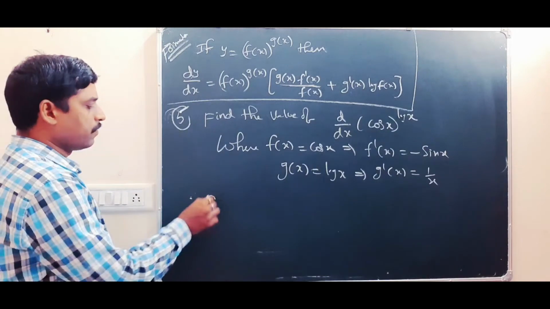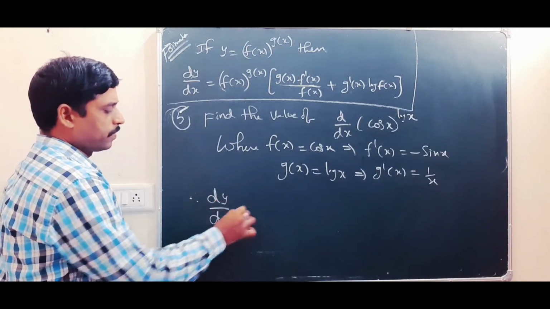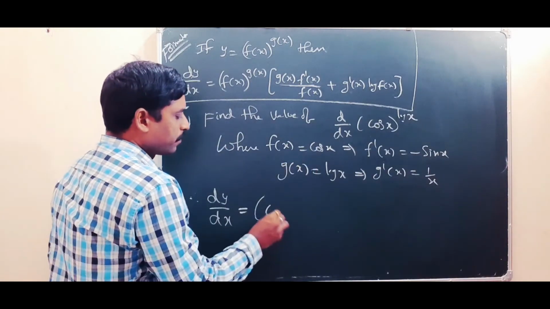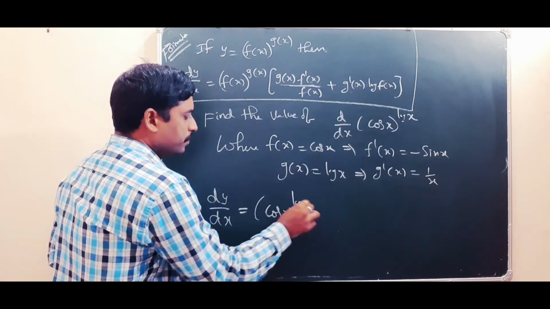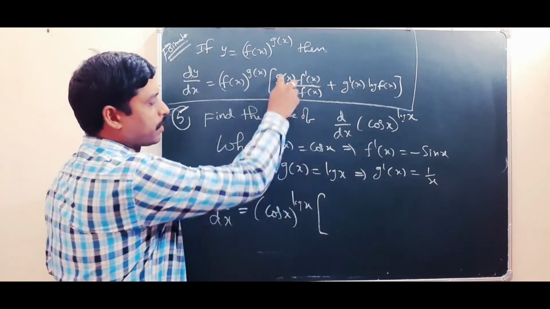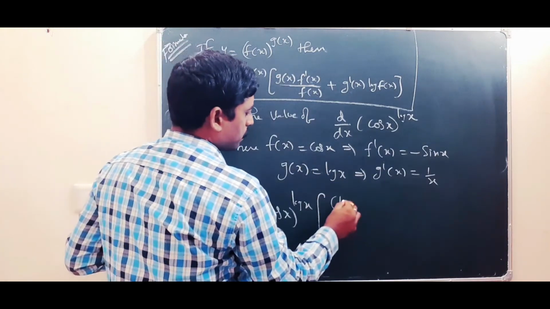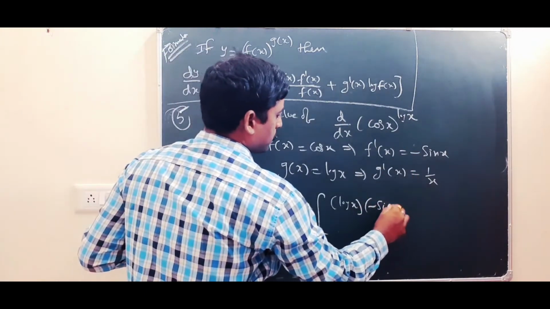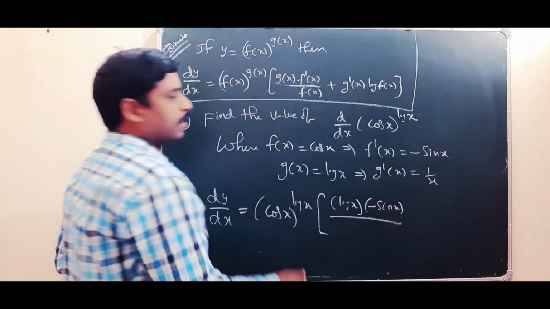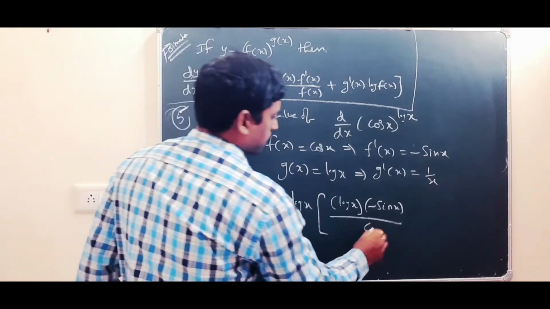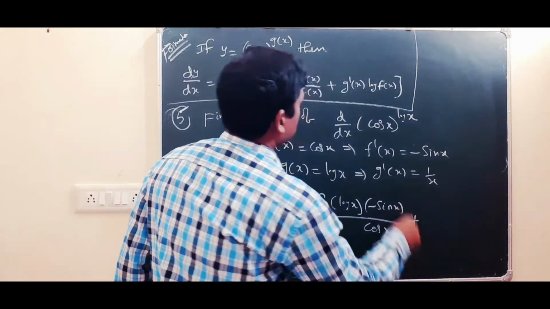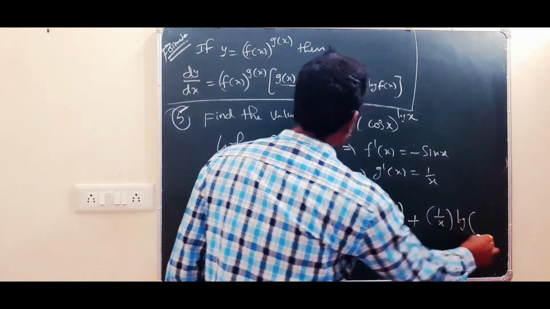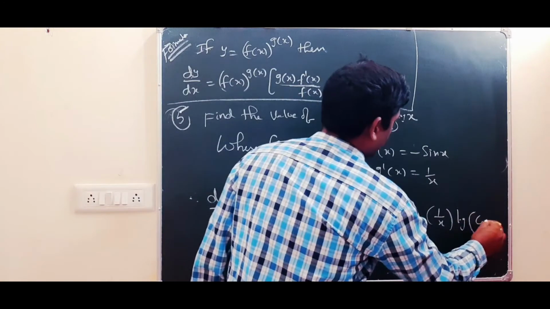So what is the formula? dy by dx is equal to f of x power g of x, where f of x value is cos x power log x, into g of x, where g of x value is log x, into f dash x value, we have minus sin x upon f of x, where f of x is cos x, plus g dash x value 1 by x into log of f of x value, cos x.